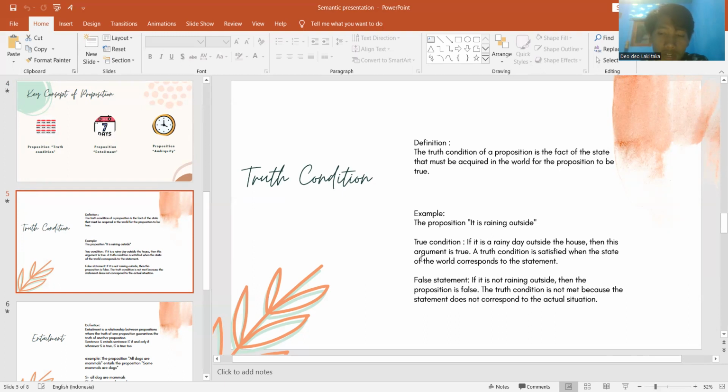The truth condition is not met because the statement doesn't correspond to the actual situation. Like the definition of the truth condition, we know the sentence must correspond to what is actual in reality. From the sentence it is raining outside, it is a true condition if it is raining outside the house, and for the false statement, it is not raining outside.